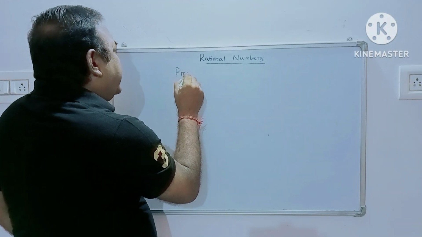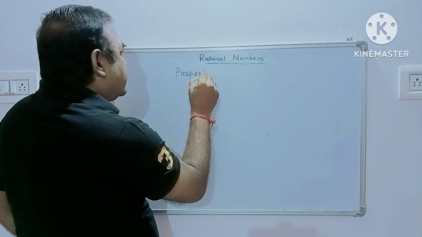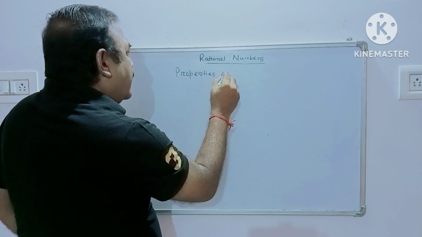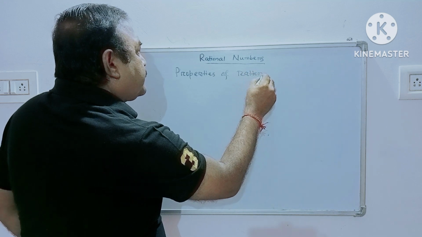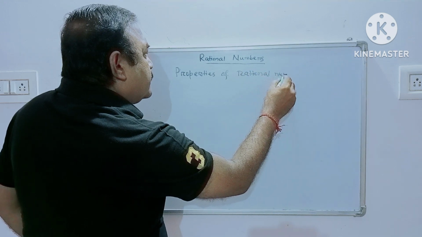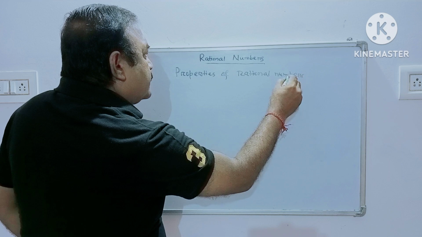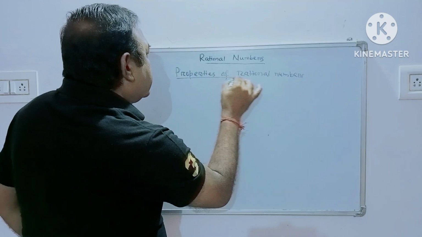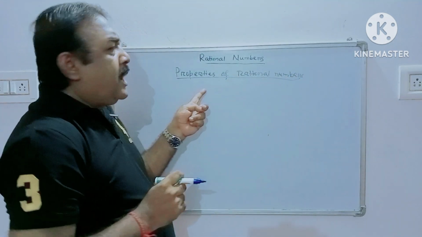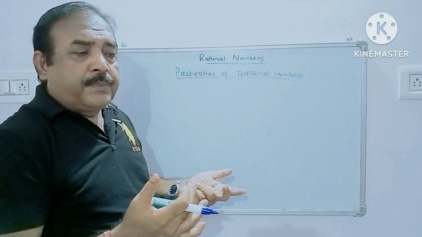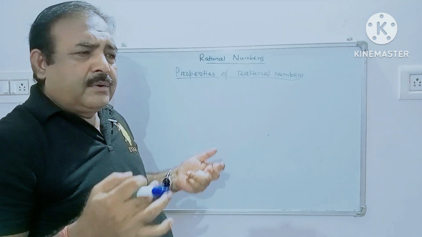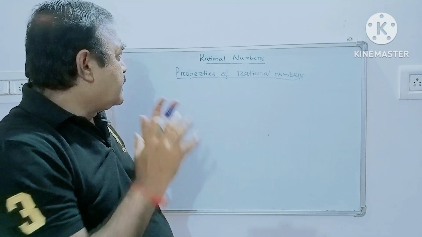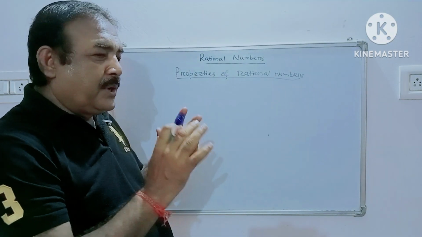So properties of rational numbers. Now we will not go into the closure property, associative property, commutative property, distributive property through different operations.